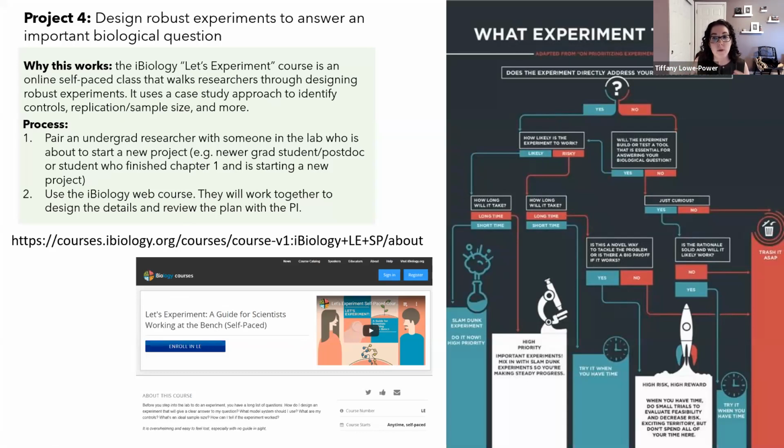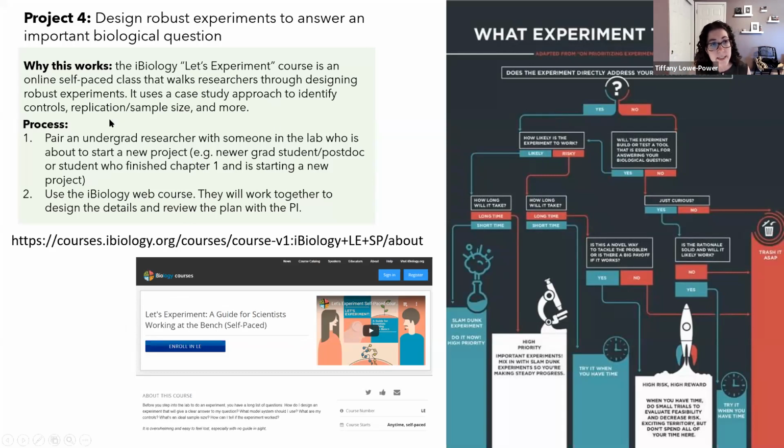So thinking about, for the biological question you're asking, what is the control? How much replication do we need? And other factors that help you design an experiment that actually tests a principle of biology.